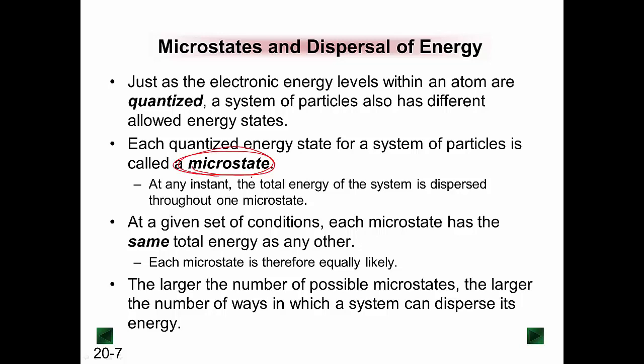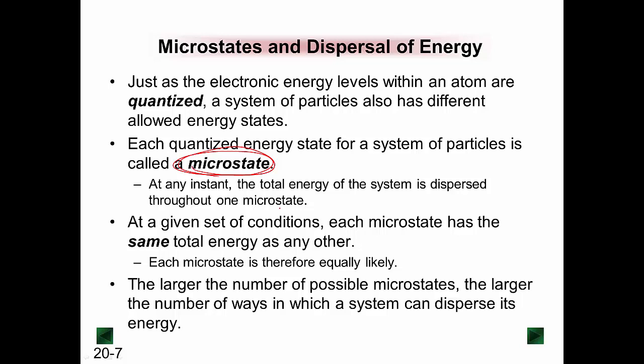And therefore, at any instant, the total energy of a system is dispersed throughout microstates. Given a set of conditions, each microstate has the same total energy as any other microstate.